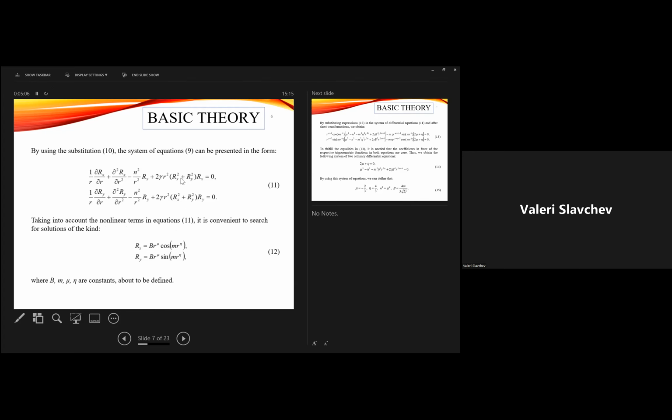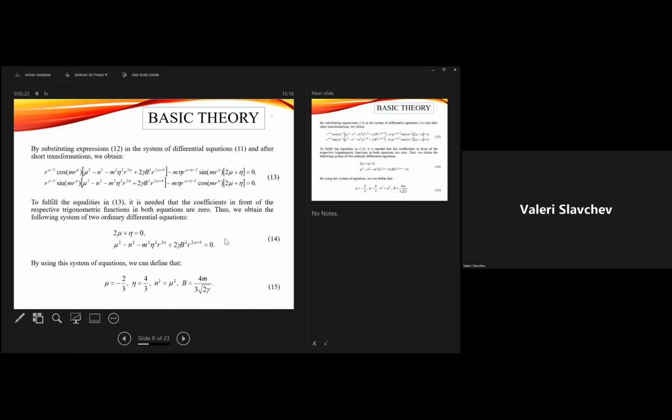Also, taking into account the nonlinear terms in equation 11, it's convenient to search for a solution of this kind, where B, mu, m, and eta are constants to be defined.